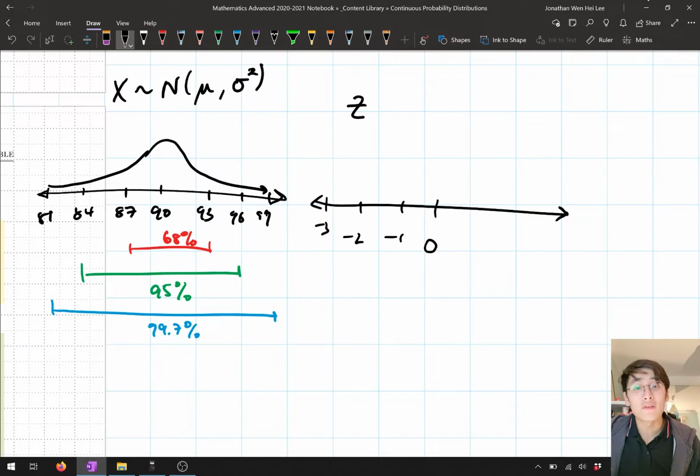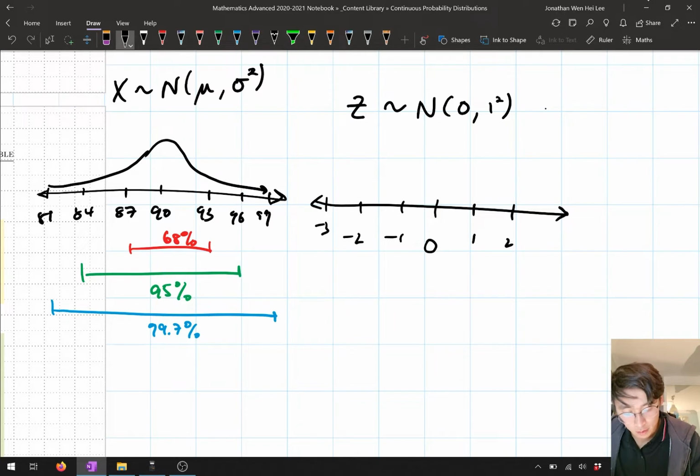When we have our standard normal distribution, it's distributed as a normal distribution with a mean of 0 and a variance of 1 squared, or a standard deviation of 1. So this is what that particular normal distribution curve would look like.